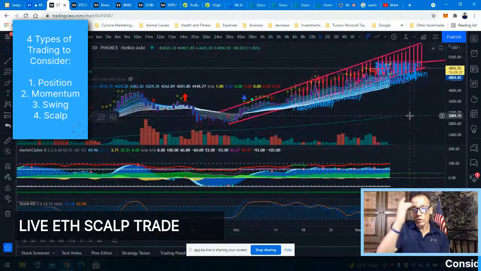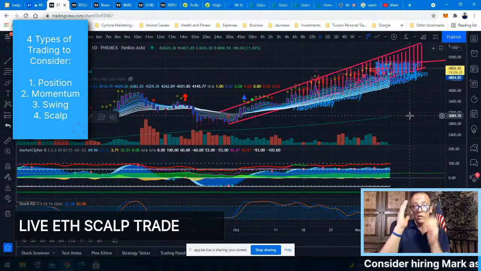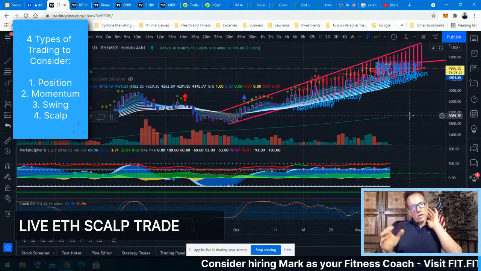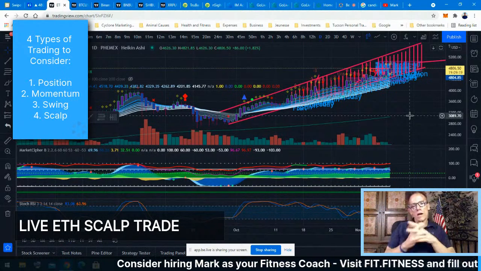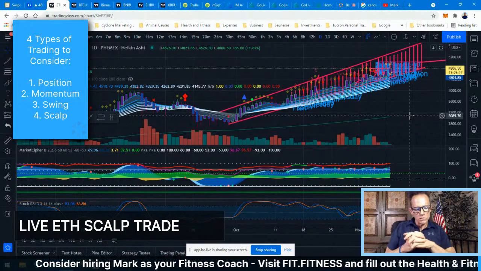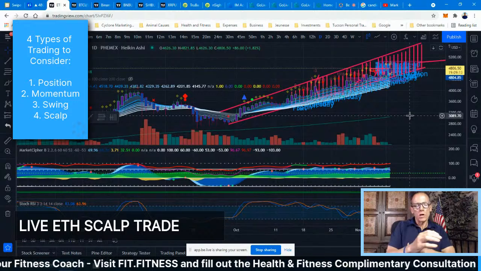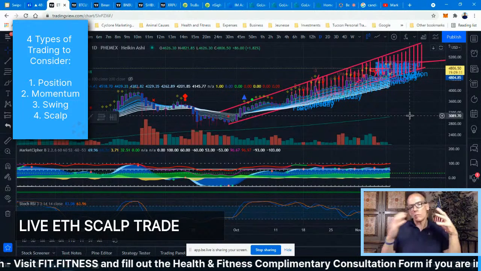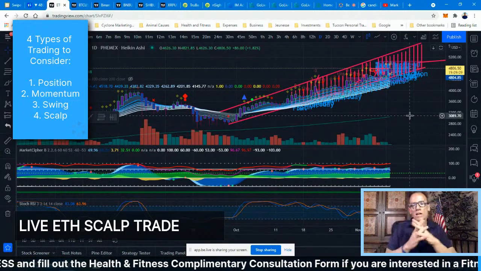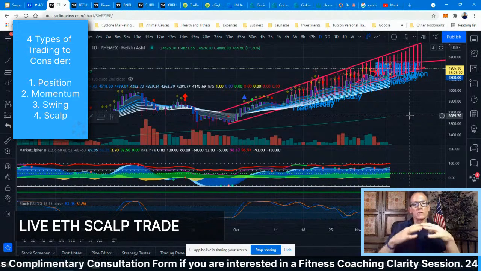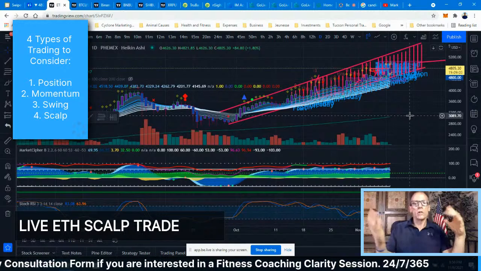Now, I personally have my own little ways of doing things. I live in Tucson, Arizona, and the time just changed nationally, so I have to figure out what the time difference is, but usually around 1 o'clock in the morning there's a lot of price action because a lot of the institutions around the world are open.